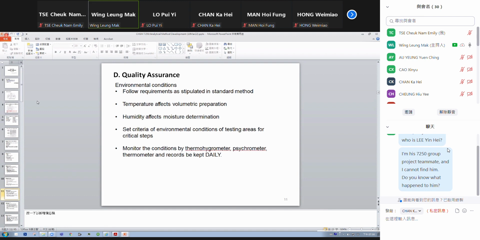Talk about the environmental conditions. We need to follow the requirements as the standard method sets. For example, for textile analysis, when you receive the samples, you may need to do some conditioning. The conditioning is in a room.